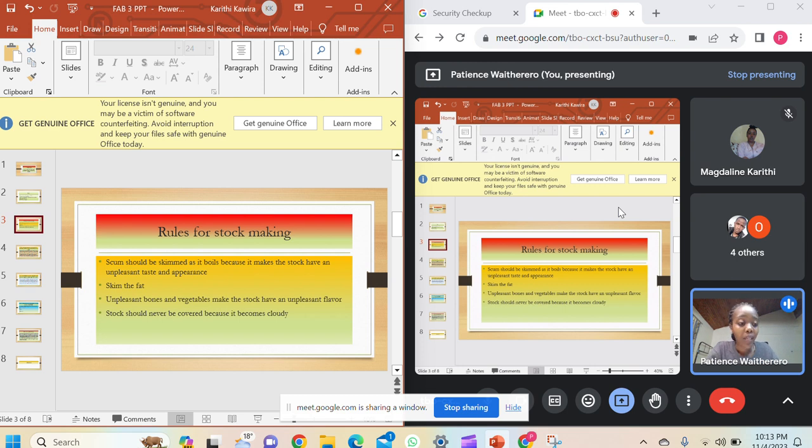Okay, let me talk about straining. Straining is pouring a liquid through a porous or perforated material. When you're straining brown stock, you pass it through a conical strainer or a perforated something like a sieve, to separate the liquid from the solid matter. Again, I'm going to talk about boiling.